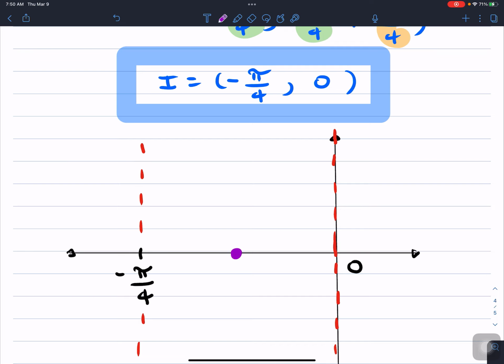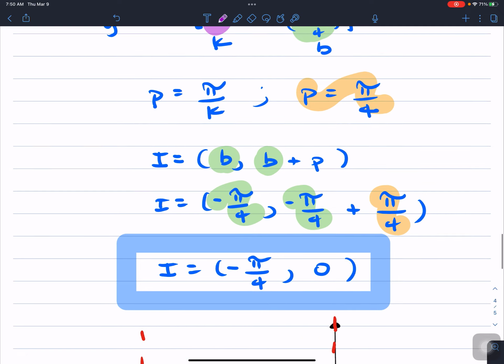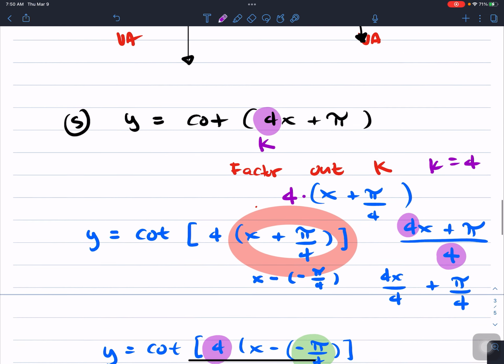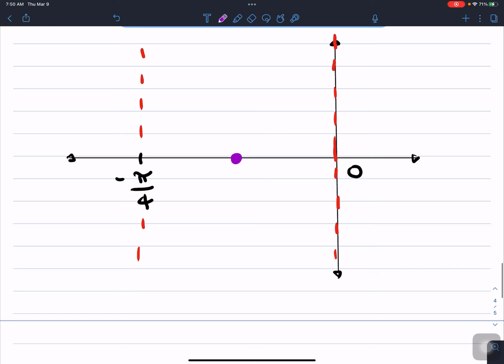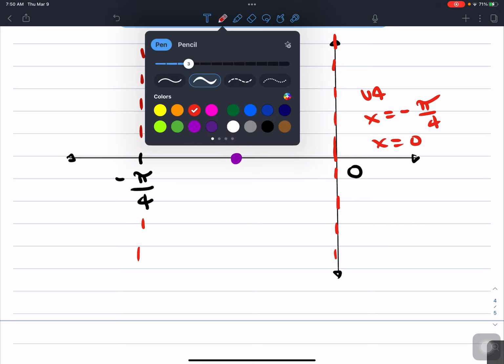Because remember, tangent and cotangent, this curve is cotangent again. So this curve is going to go through that point. Is that right? What is that location? Because remember, vertical asymptotes happen at x is negative pi over 4 and x is 0. And I think we have to do it for the last one as well.